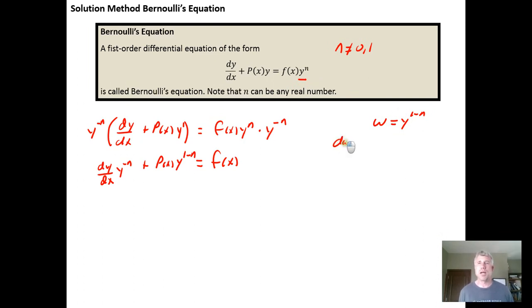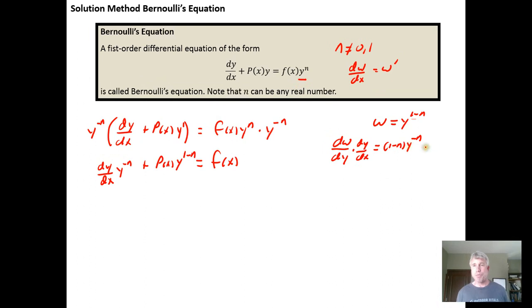So I'm going to do dw/dy equals, we'll take the derivative with respect to y of both sides. So the exponent 1 minus n comes down. We get y to the, we subtract 1 from the exponent, which is 1 minus n minus 1, which is just negative n. And then what we want to get is dw/dx, which we can also write as w prime. So I'm going to need to multiply by dy/dx.